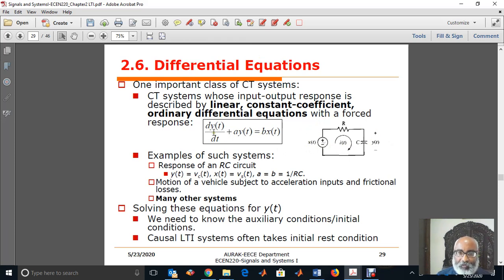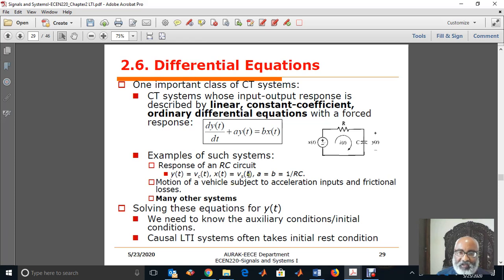The output y(t) is, for example, the voltage across the capacitor, and the differential equation relating the input voltage and the output voltage is dy/dt plus a y(t) equals b times x(t). a and b are constants, which can be determined from the circuit, for example, from the resistor and the capacitor elements. In this case, y(t) is Vc(t), the voltage across the capacitor.